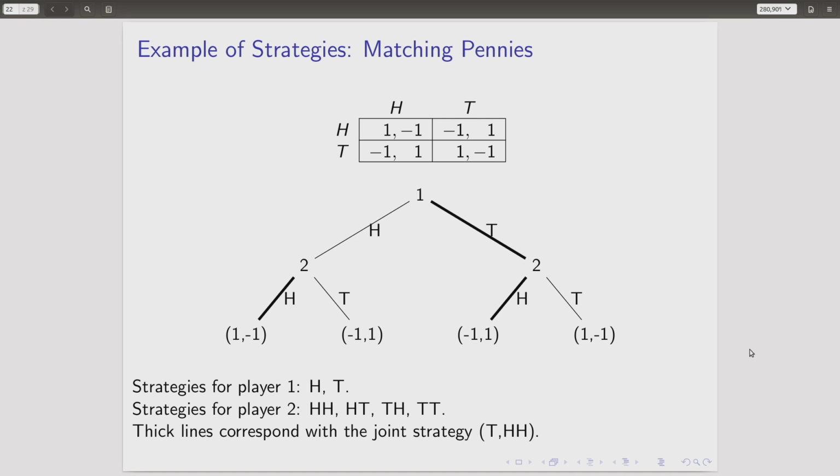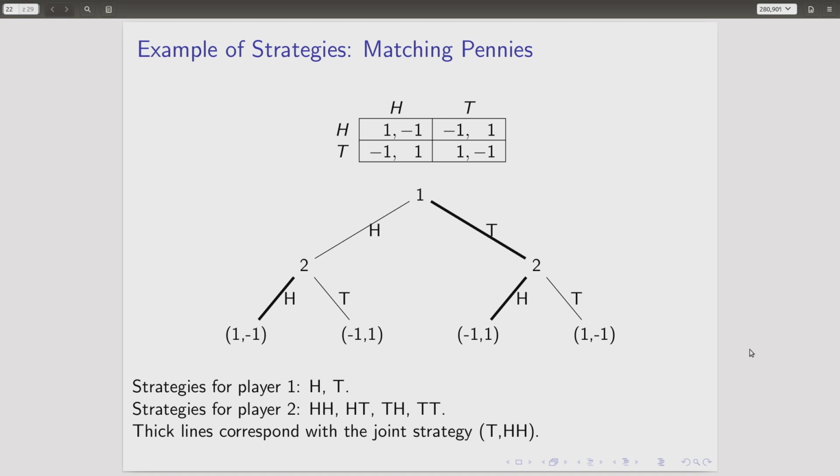For every node which he controls, the strategy says what he should do. Well, player 2 controls two nodes, and therefore in the left node, he will have a strategy, for example, which says go left. In the right one, he could have a strategy which says go right. Here, by chance, I chose, in both cases, left.